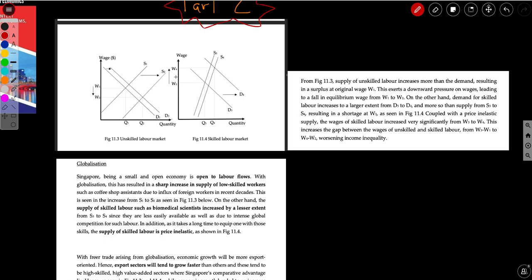The reason why this is increasing by a larger extent than the fall here is because of the price inelastic supply. So the wages increase very significantly from W3 to W4. So all these reasons therefore have widened the gap between the university and non-university graduates.